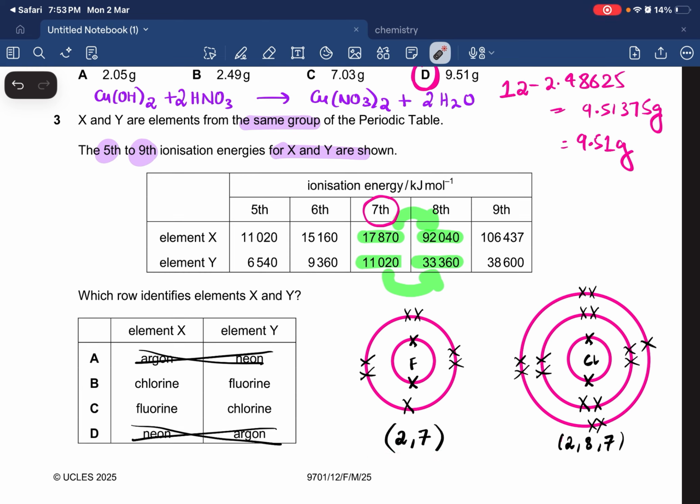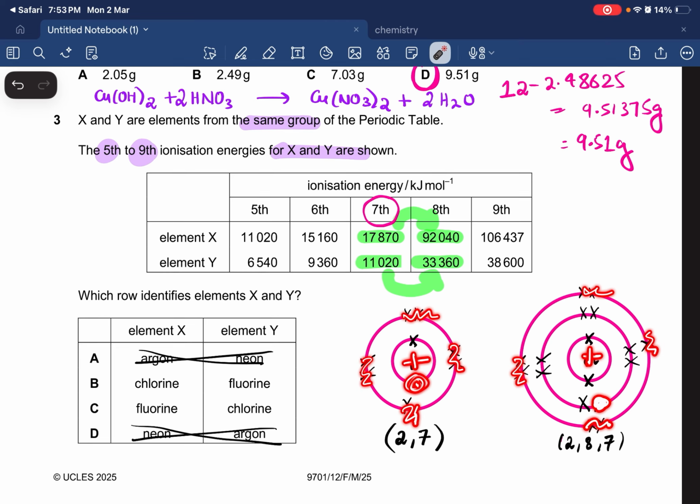When the 7 electrons of fluorine are going to be removed, the 8th electron of fluorine is going to be removed from here. This is the nucleus, and the 8th electron is going to be removed from here. But in chlorine, when the 7 electrons are going to be removed, the 8th electron is going to be removed from here, at this position, and the nucleus is here.